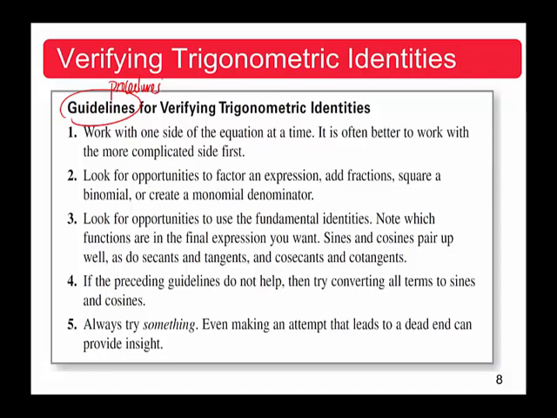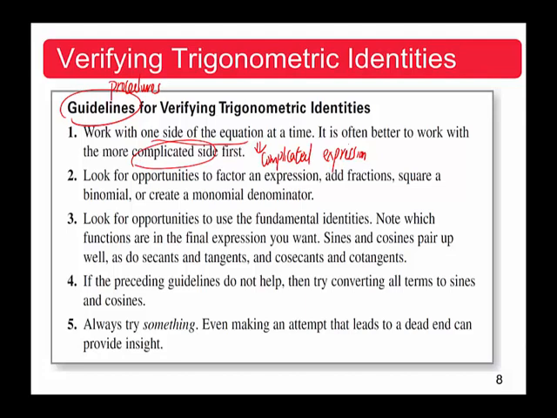First step, you work from one side of the equation, and typically you start with the complicated one. The side with the complicated expression, usually it's easier to move forward from. And I'll explain it a little bit more later. It's often better to work with the more complicated side.